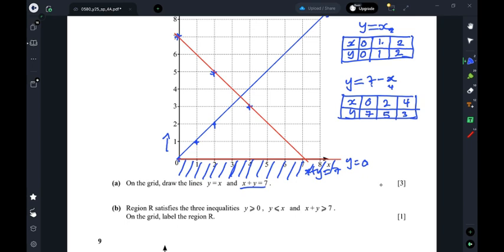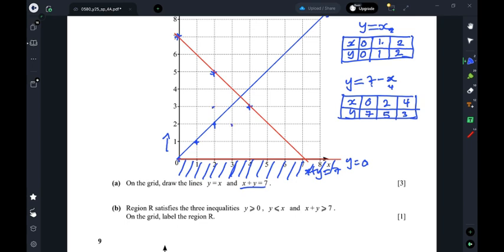Then the second one, I also want to find the region which I'm going to shade where y is less than or equal to x. So my blue line divides the plane into two regions, the region below it and the region above it.